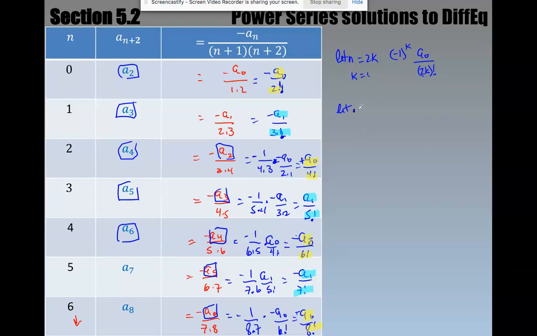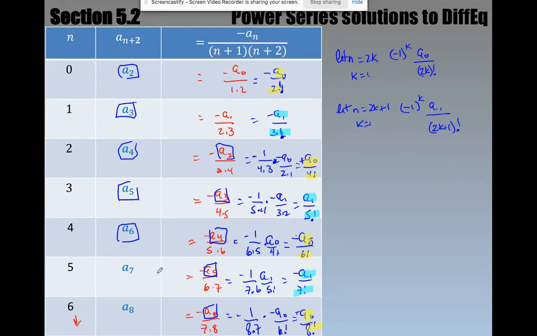So I'm also going to let n equal 2k plus 1 when k starts with 1. So I still have my sign alternator. These ones all have a sub 1s, but the factorial is odd, starting with 3, right? Factorial.